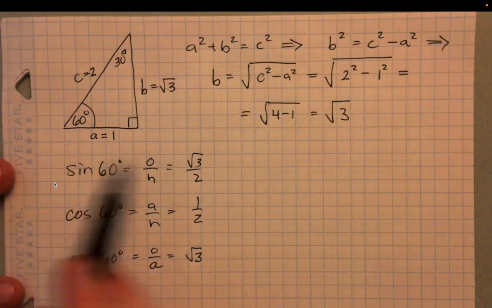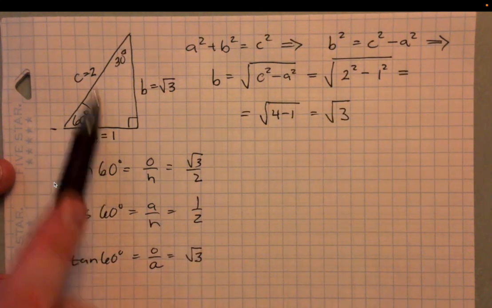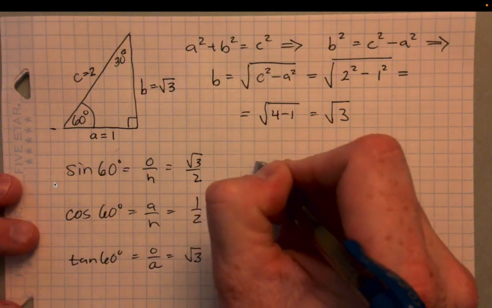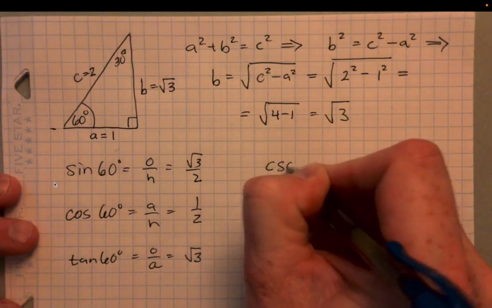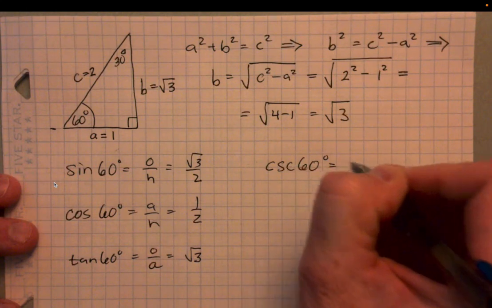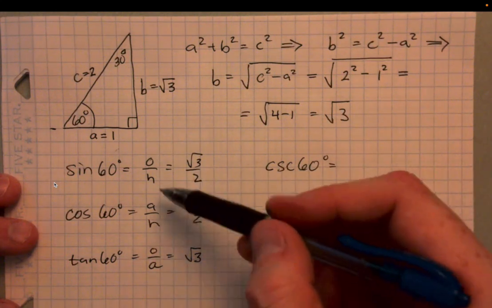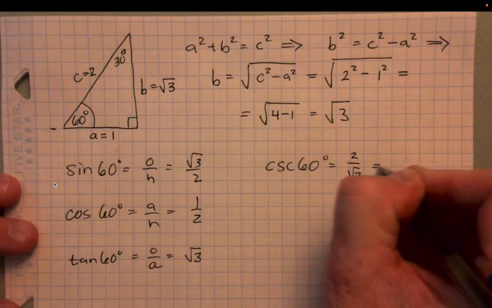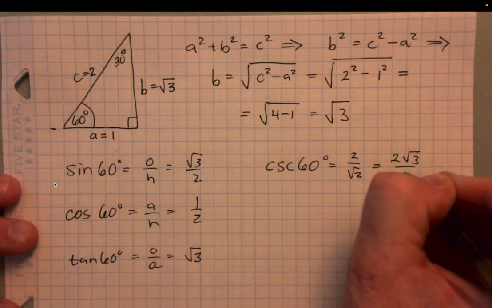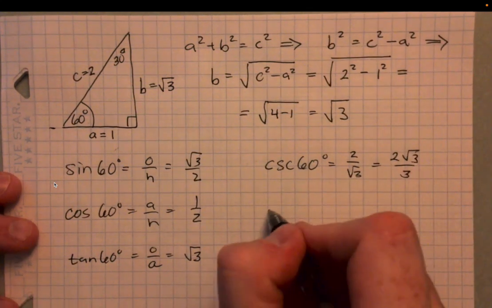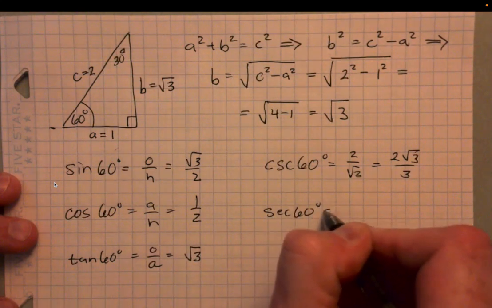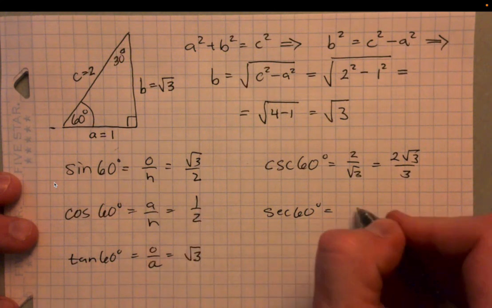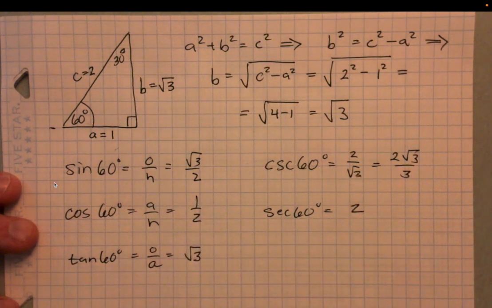Okay, so those three can be pulled off of this triangle really quickly. And the others, cosecant of 60, well, we know that's just 1 over the sine, so it'd be 2 over the square root of 3, which is 2 square root of 3 over 3. The secant of 60, that's going to be hypotenuse over adjacent, or 2 over 1, so I'll just put 2.